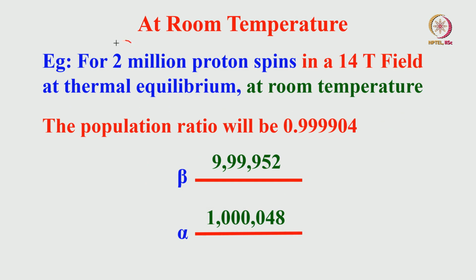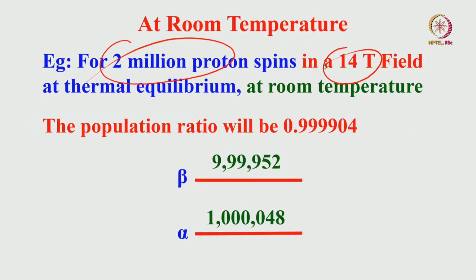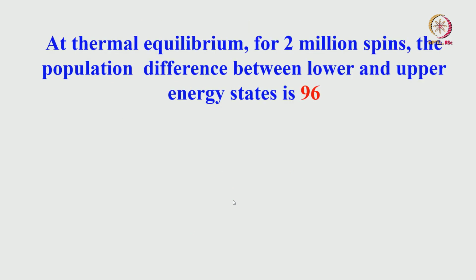I could even calculate by plugging in the values. For example, for 2 million nuclear spins at 14 Tesla, I plug these values into this equation, and the population difference turns out to be this value. In the beta state we have this many spins, in the alpha state we have this many spins. What is the difference? The difference is only 96.